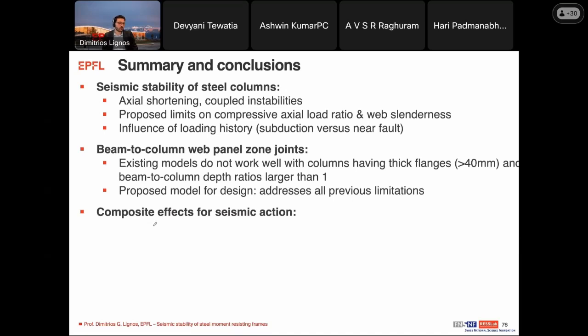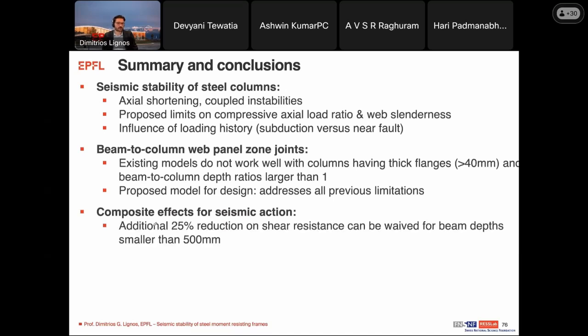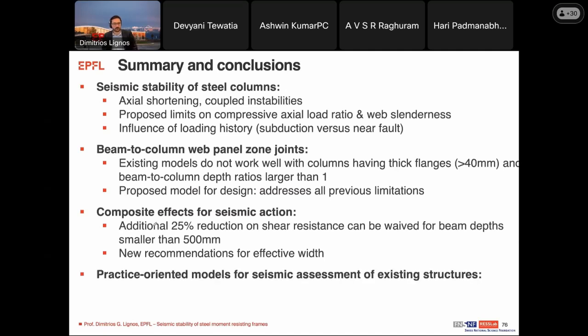When it comes to composite effects for seismic action, we saw that the additional 25% reduction in shear resistance can be waived for beam depths smaller than 500 millimeters. We saw new recommendations for effective width.